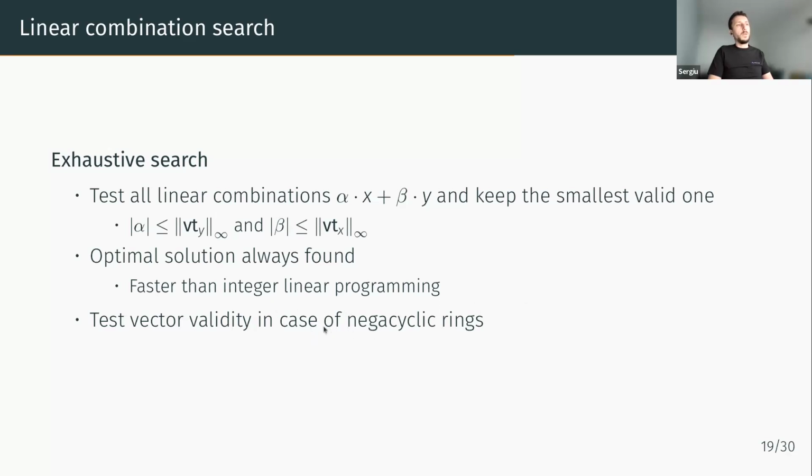And we can also include specific test vector validity in the case of negacyclic rings. As in negacyclic rings, the size of a functional bootstrapping will be 2p, and the functional bootstrap must verify the negacyclic relation. So this is easily integrated in this step.